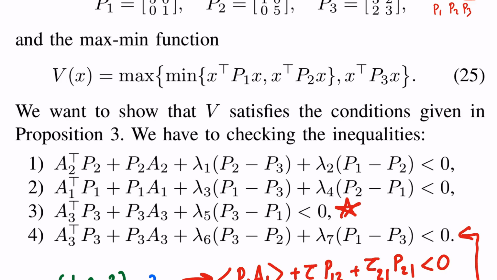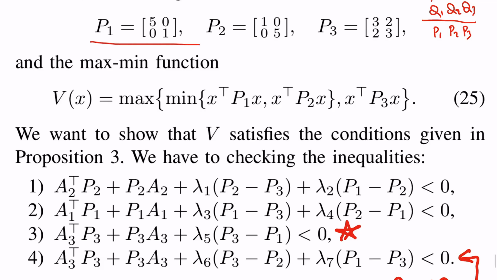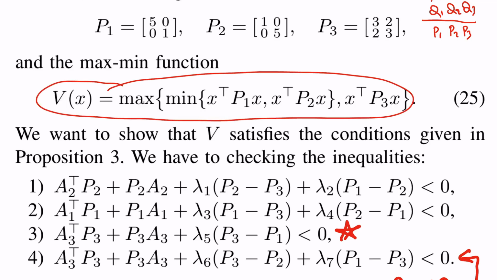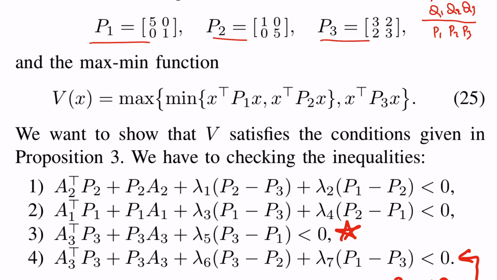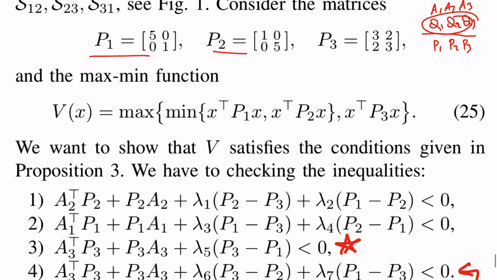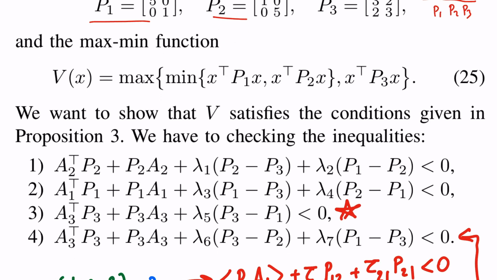So here P1, P2, and P3 are mentioned, and at this point, we know what V is, and P1, P2, P3, and the Q terms, we know what they are, and we are checking if the given Lyapunov function would satisfy V being positive and V dot not being positive, which definitely would be a valid Lyapunov function, right?